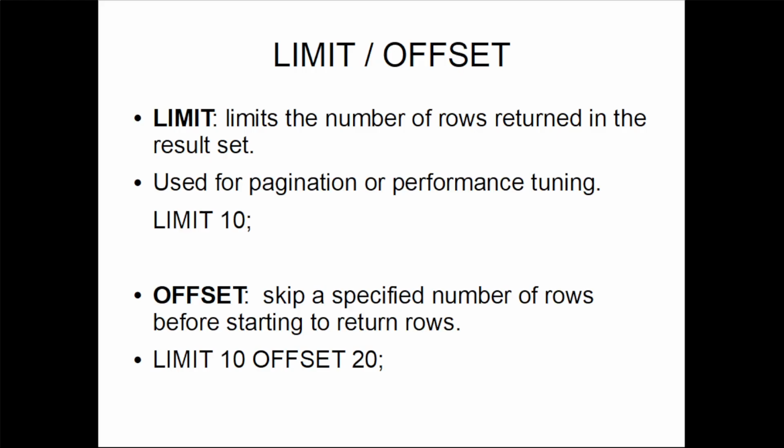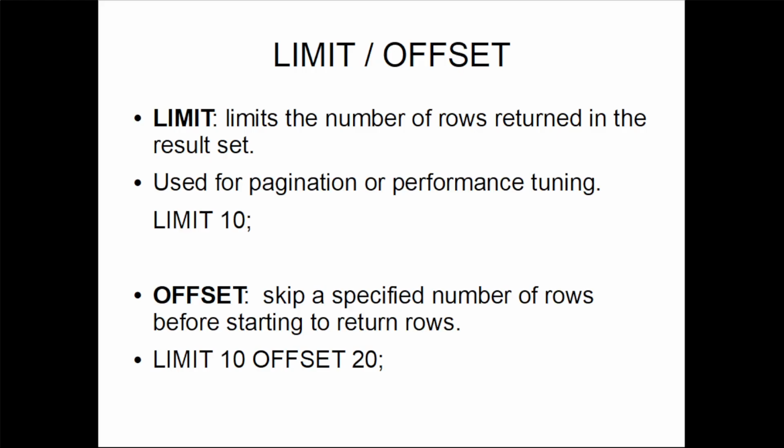SQL Server uses top for limiting rows, as in top 10, and offset fetch for pagination, like offset 10 rows fetch next 10 rows only. Some databases allow alternative syntax, like limit 10, 20, where 10 is the offset and 20 is the row count. Limit improves performance by reducing the number of rows returned to the client.